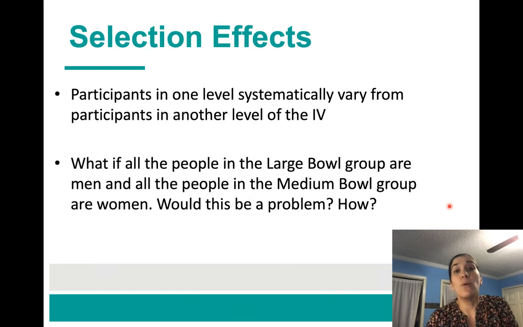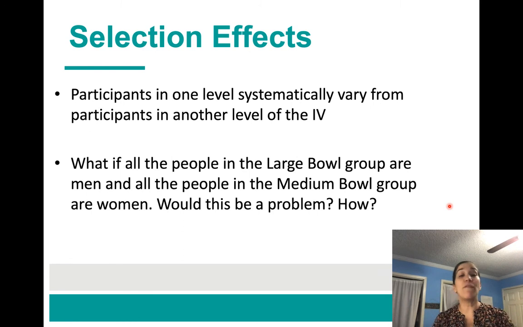Okay, so one other confound that we worry about is selection effects. So selection effects is where participants in one level of your independent variable, let's say medium bowl, vary significantly or systematically from another level of your independent variable.